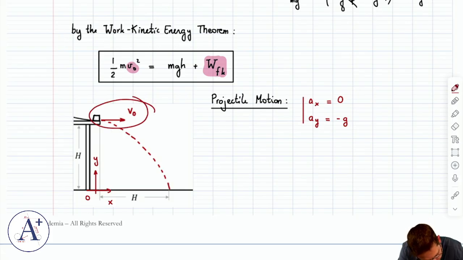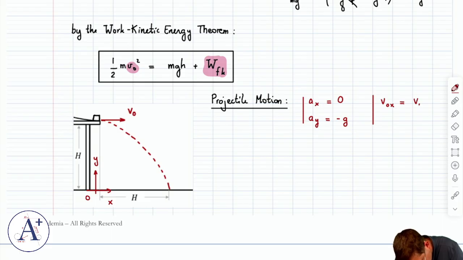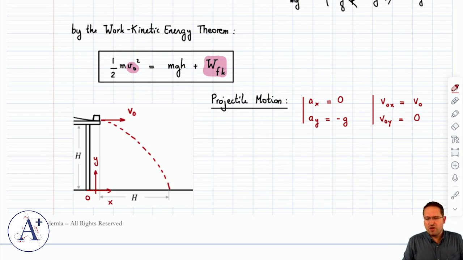Then I also know that v0 is horizontal, meaning that the x component of v0 is actually v0 itself. The y component is 0. So it's a special case of projectile motion with horizontal launch. Those are the nicest ones, right?